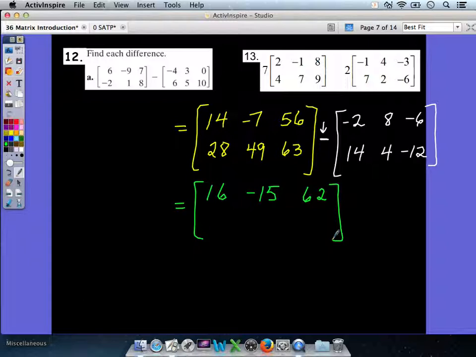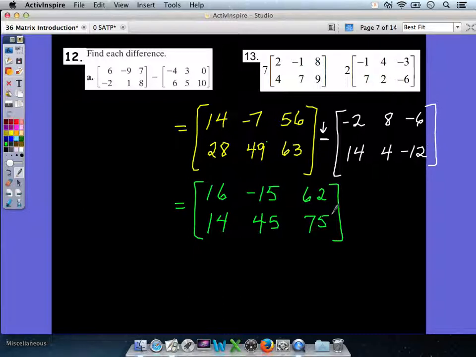Second row, 28 minus 14 is going to be 14. Then 49 minus 4 is 45. 63 minus a negative 12, minus a negative is plus a positive, and that would be 75.